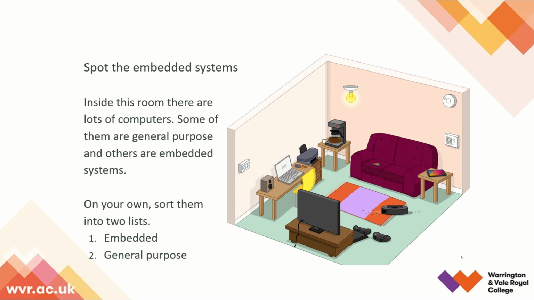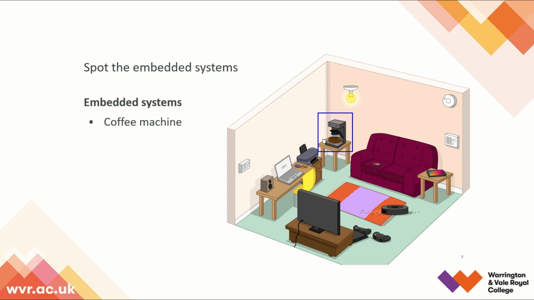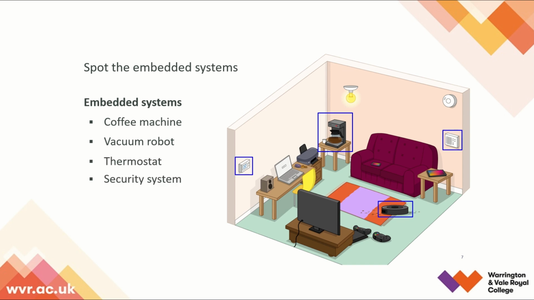So here's a scene, and this scene has a number of embedded devices. We've got a coffee maker, which we talked about already. We've got a vacuum cleaner, a thermostat, security system, Bluetooth speaker, and other devices such as, for example, the TVs we talked about, a printer, etc.